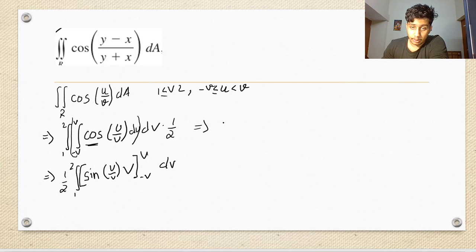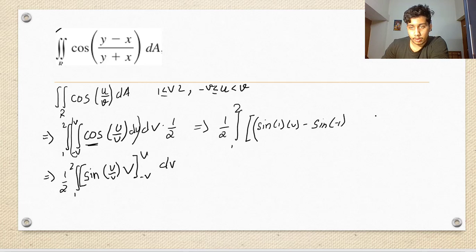Which will look like 1 by 2 integrating 1 to 2 of v times sine 1 minus sine of minus 1, dv.